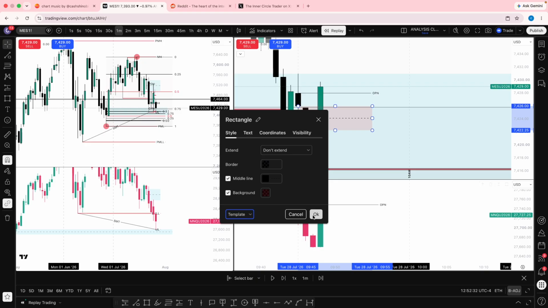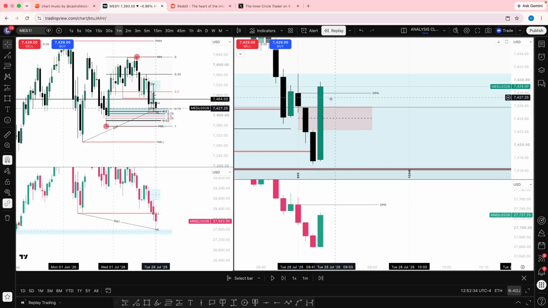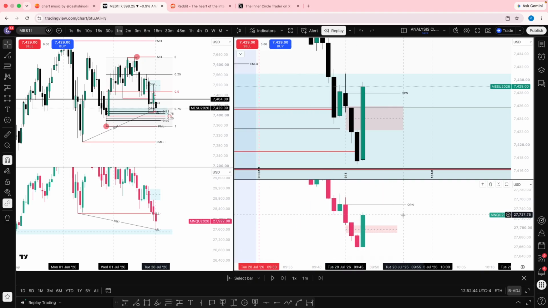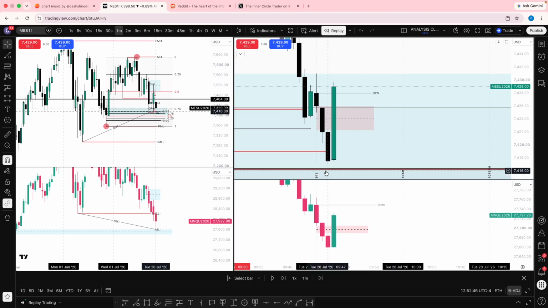a 1 minute order block, a 1 minute inversion fair value gap, and a one minute inversion fair value gap on NQ.